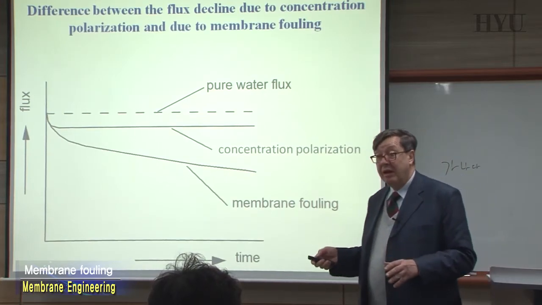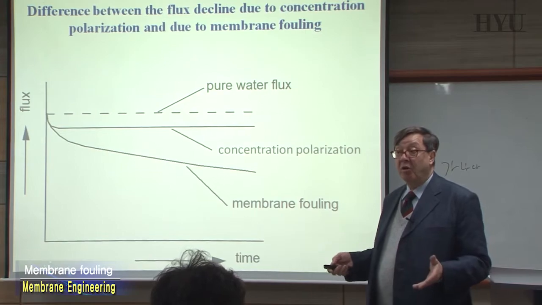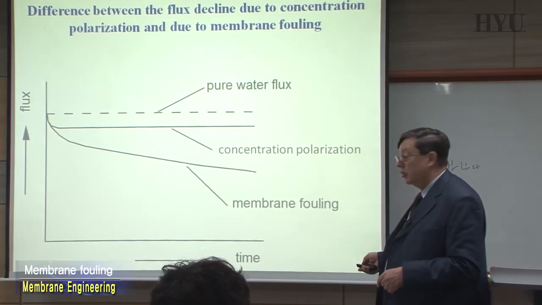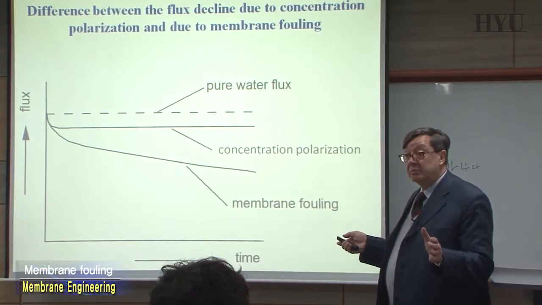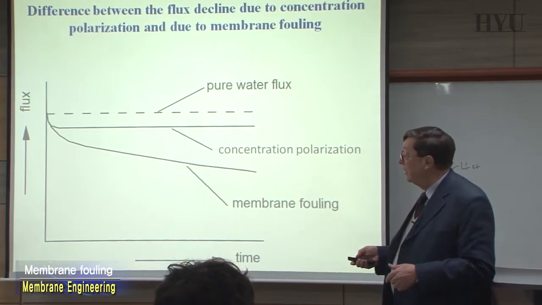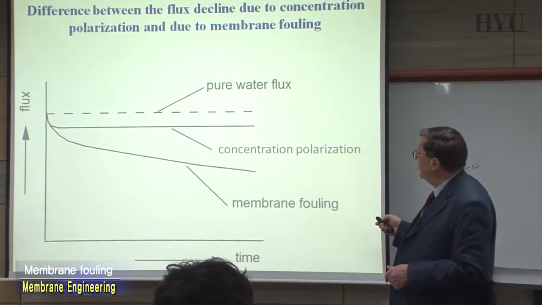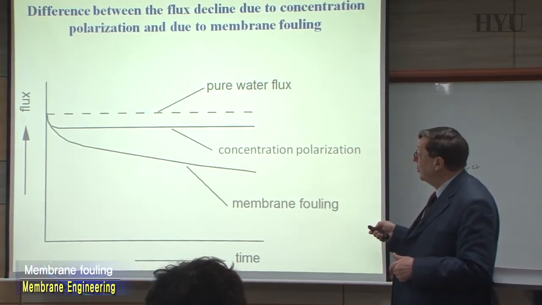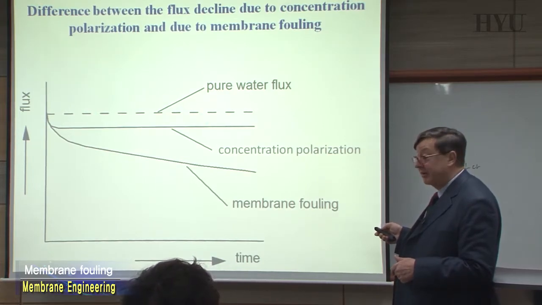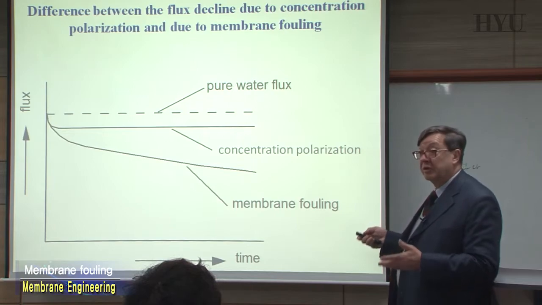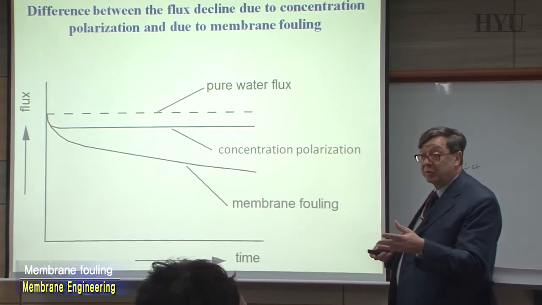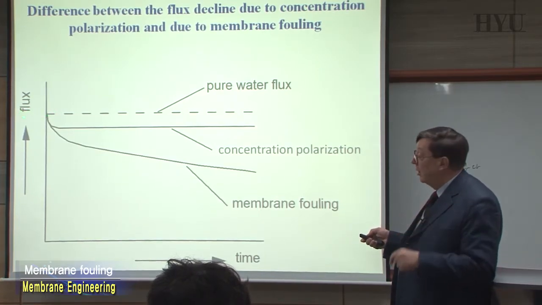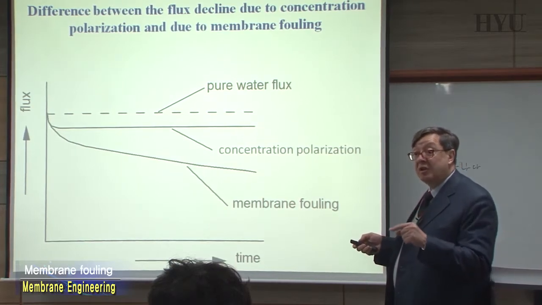Basically, how can you realize, I can understand something is going wrong, that you have fouling? Normally, when you have a transmembrane flux as function of time, if you don't have any problem with your membranes, if you're just working with pure water flux, normally at constant applied pressure, you will have a constant behavior of your transmembrane flux. When you start to work with a solution, so some solutes present in the feed can accumulate, can interact, etc., you can have a phenomenon that we studied already that we call concentration polarization phenomena.